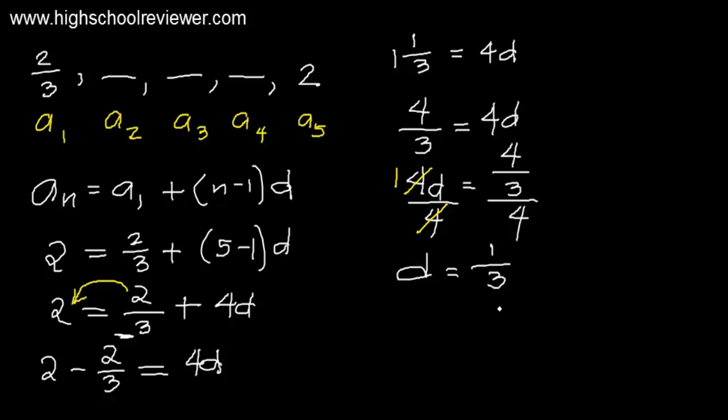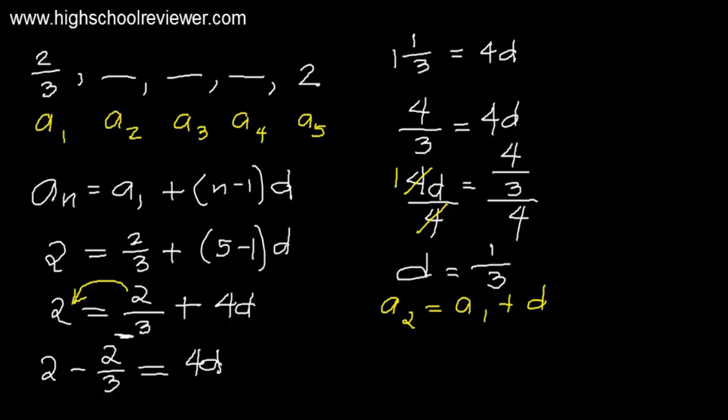It will now be easier for us to solve a sub 2 up to a sub 4. Let us now solve for a sub 4. So a sub 4, or rather a sub 2. A sub 2, this will just be a sub 1 plus d. So we will have here a sub 1 plus d.